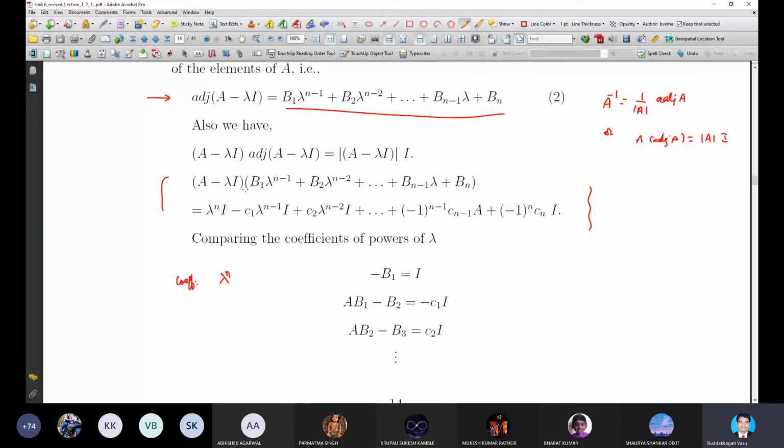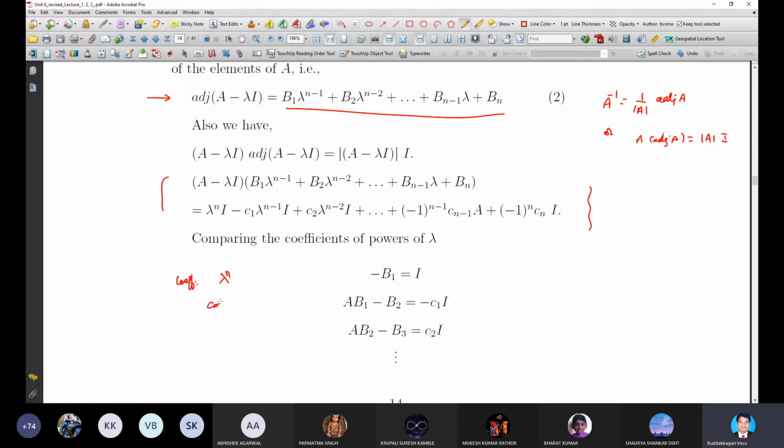What is the lambda power n coefficient? If you multiply this lambda with lambda power n minus 1, then only it results in lambda power n, that is minus B1 into I, minus B1, right? Right hand side, what is the lambda power n coefficient? I. So therefore minus B1 is equal to I.